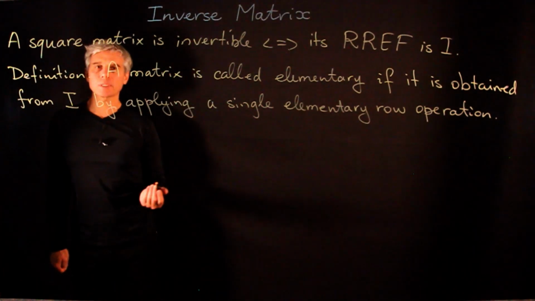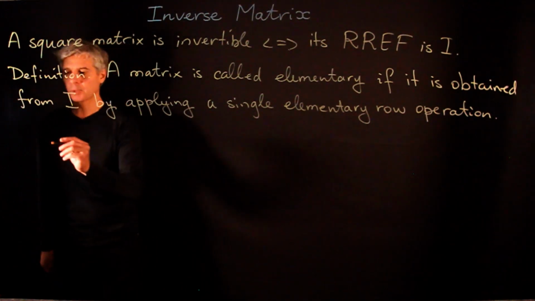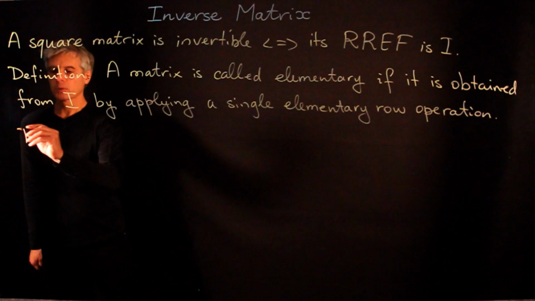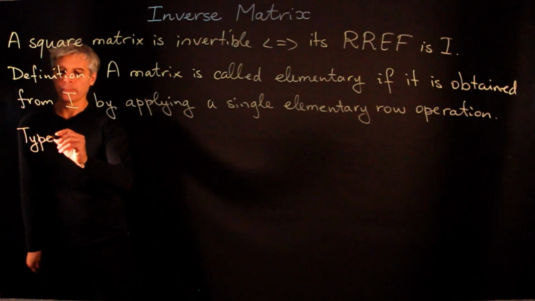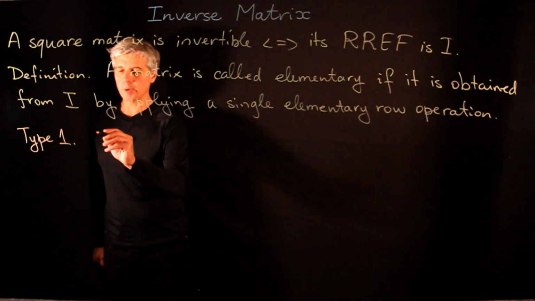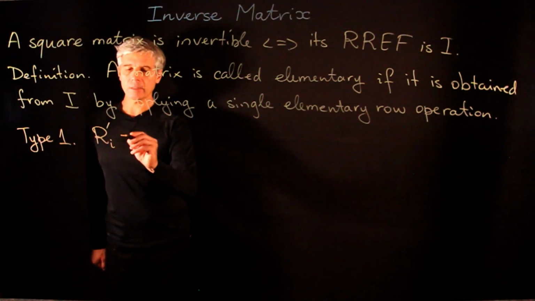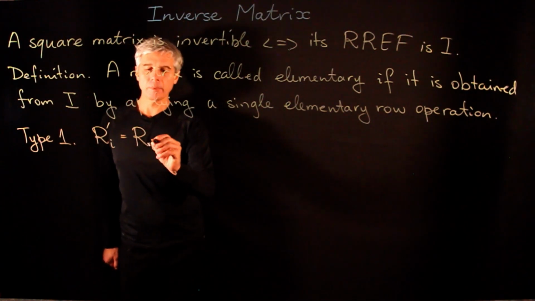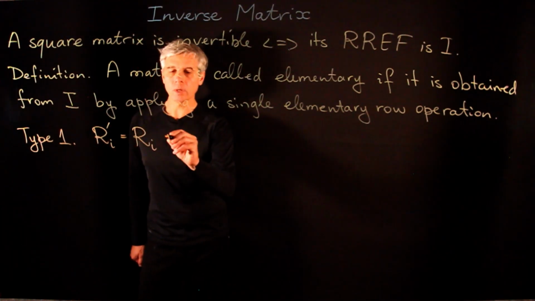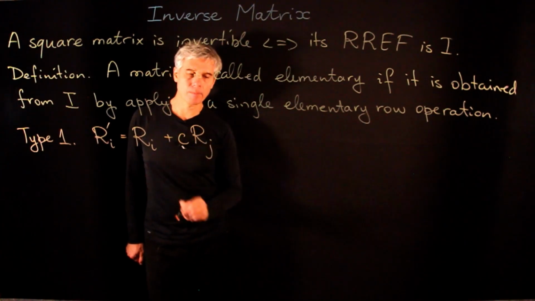We have three types of elementary row operations. And so this gives us three types of elementary matrices. So type 1 is the following elementary row operation. When we take a row and replace it by a sum of that row plus a multiple of another row.